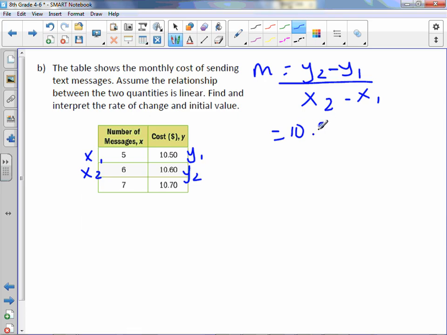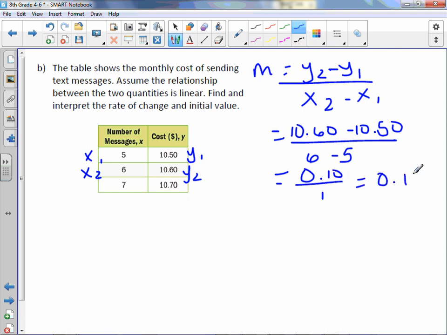So 10.60 minus 10.50 over 6 minus 5 equals 0.10 over 1, or 0.10.